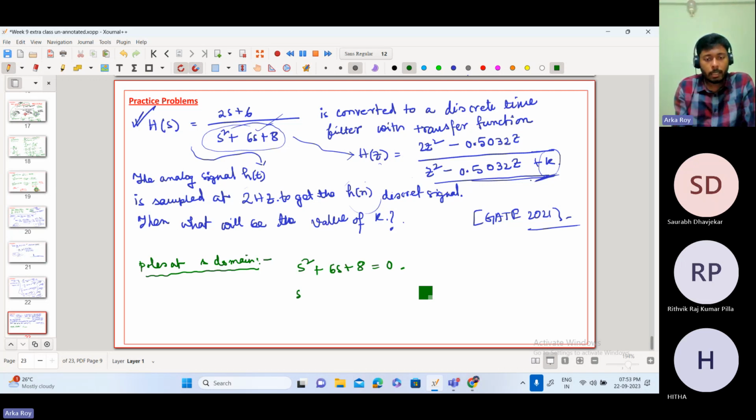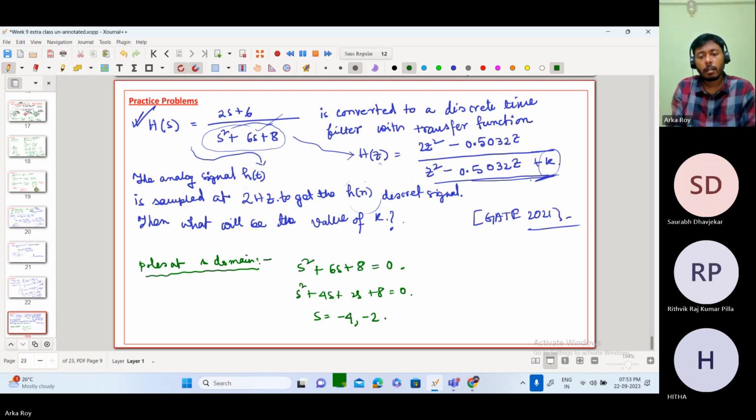So it is basically s squared plus 4s plus 2s plus 8 equals 0. So s equals -4 and -2. Fine. So I have got the pole locations in the analog domain.